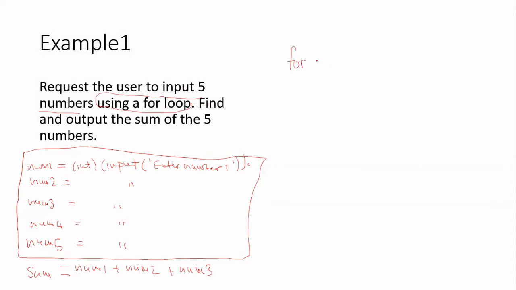So I'm going to say for x in range, and I want to go 1, 6. So 1, 6 is going to stop at 5. So from 1 up to 5, that will ensure that the loop executes 5 times.